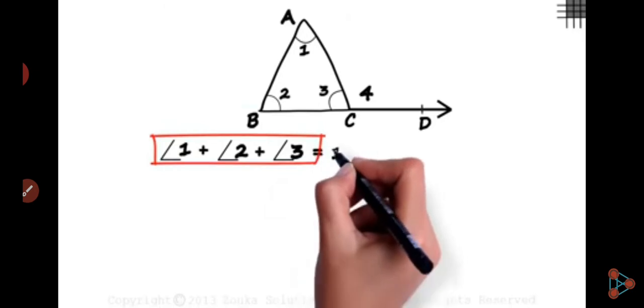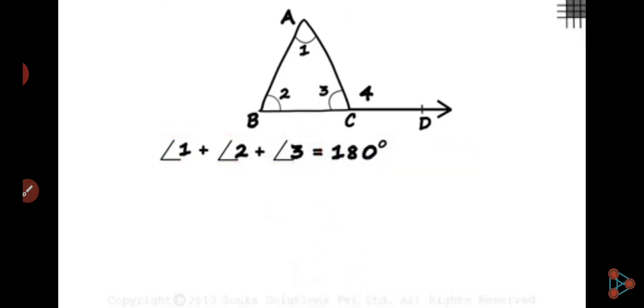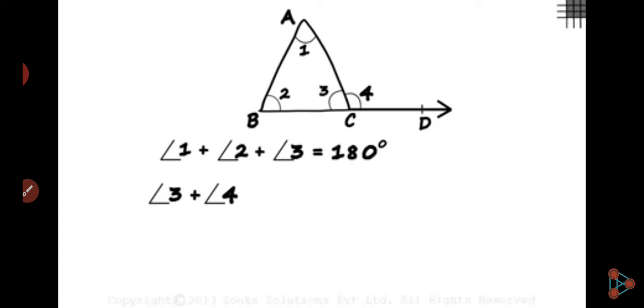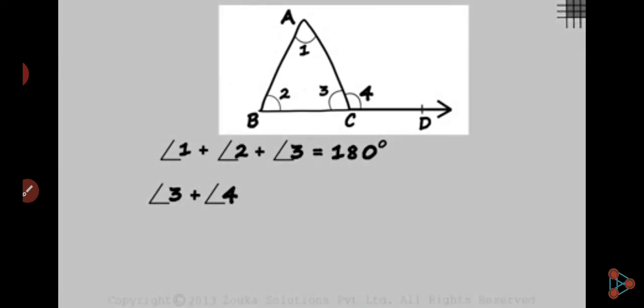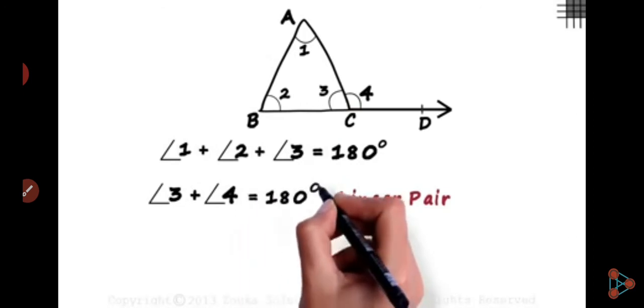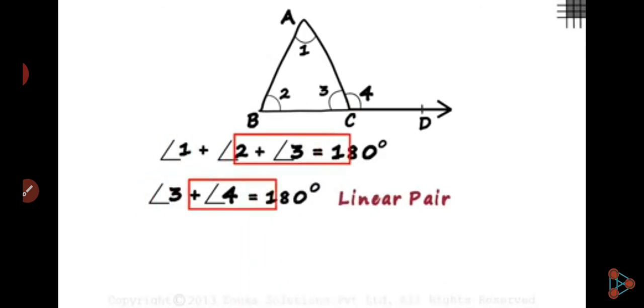But we know one more thing: angle 3 plus angle 4 is also equal to 180 degrees, because they are a linear pair. Understand? So both are equal to 180 degrees.